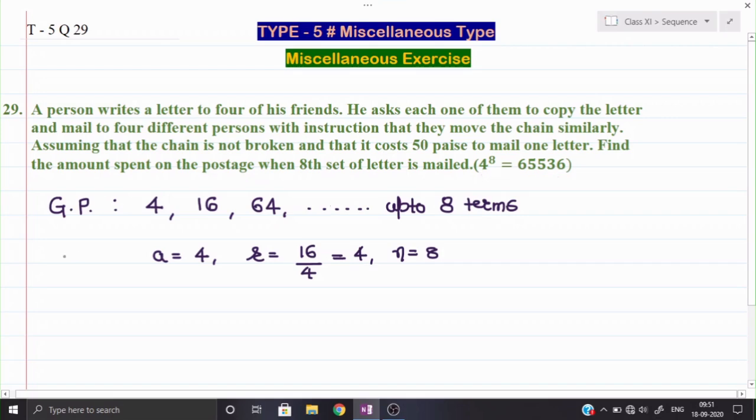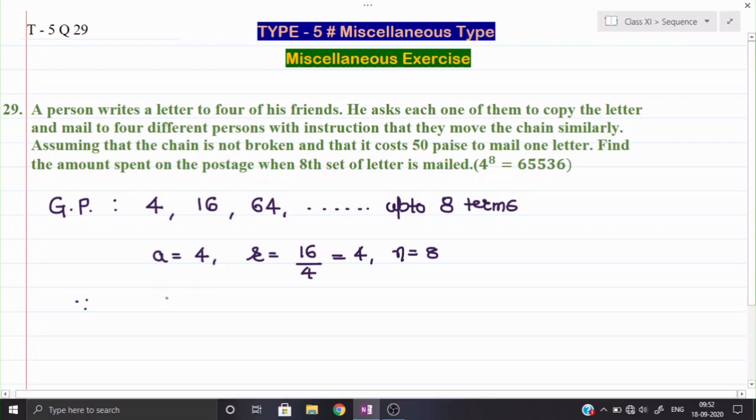Now let us find the sum. Remember, a8 is not required; we don't want to find how many letters are posted in the last term. We need to find the letters from the beginning, so the sum is required.